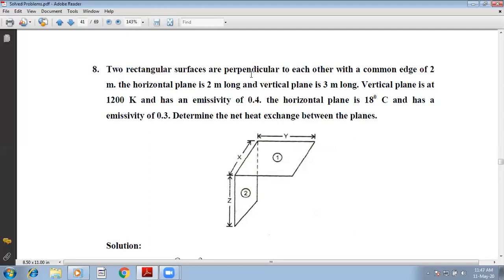Vertical plane is at 1200 Kelvin and has an emissivity of 0.4. The horizontal plane is at 18 degrees Celsius and has emissivity of 0.3. Determine the net heat exchange between the plates.